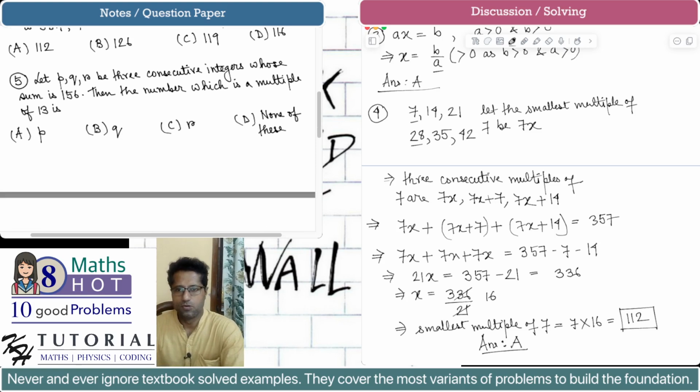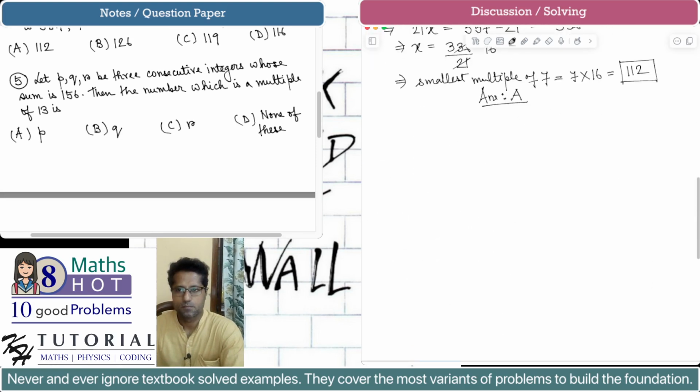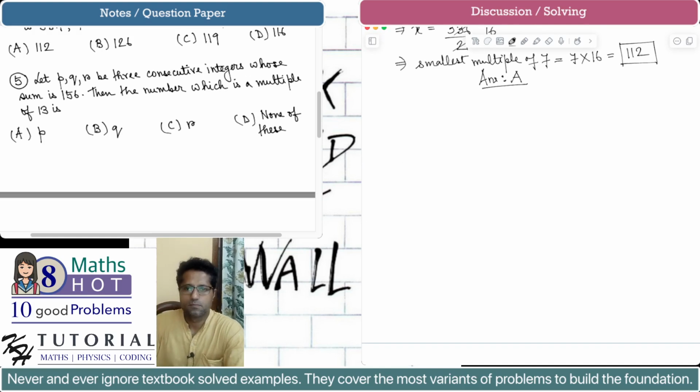Okay, let's do problem number 5. Let P, Q, R be three consecutive integers whose sum is 156. Then the number which is a multiple of 13 is.